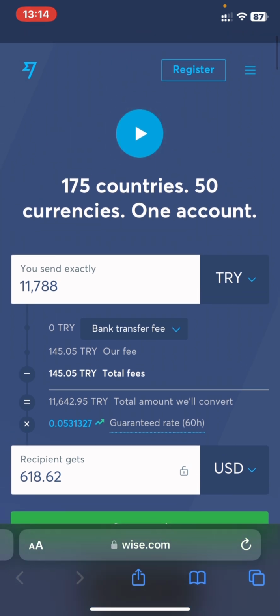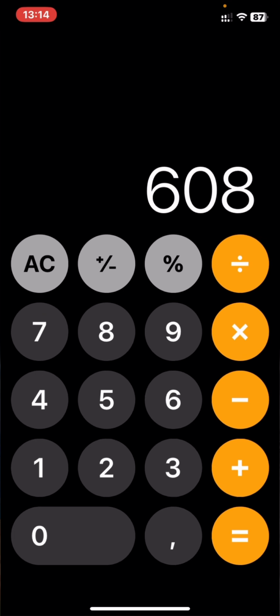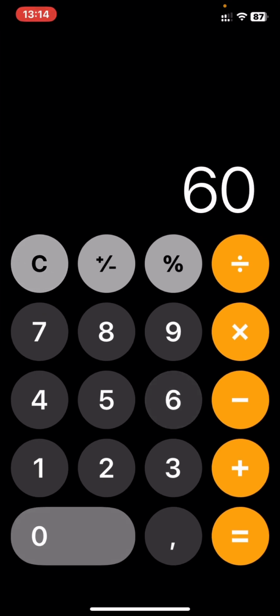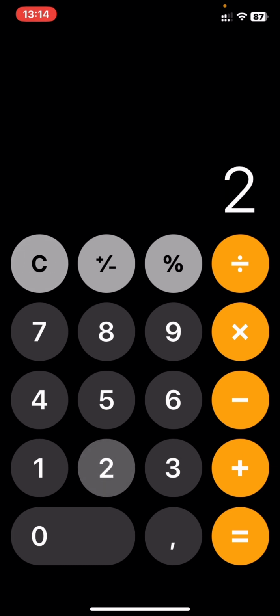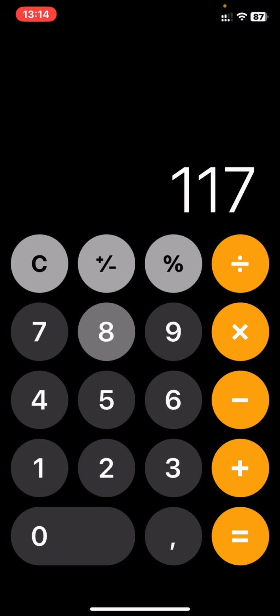So let me go to my calculator over here. I start with 607. Then I bought this with 2 BNB. Then I sell it to Turkish currency at 1,788.